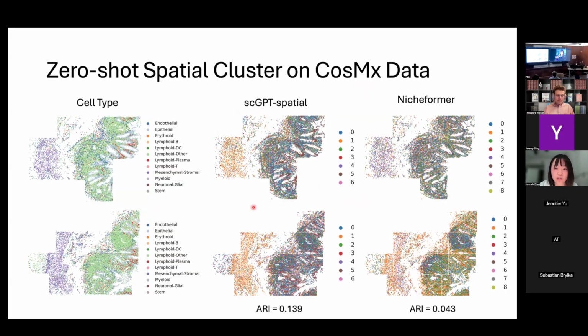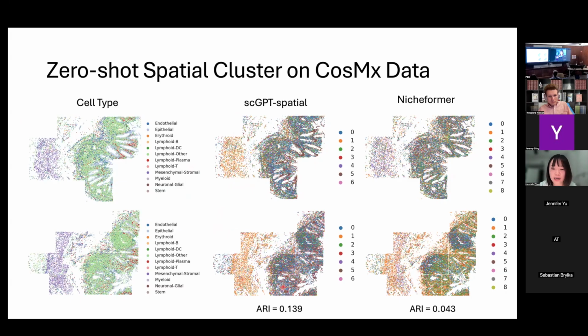And when I visualize the latent clusters using different colors on these two FOVs, I can see that for the scGPT spatial, there are some signs of epithelial cells being clustered together by latent clustering, because you can see some cells here. And also maybe the mesenchymal stroma cells are clustered together. But for the Nicheformer, I don't see any pattern in their results.